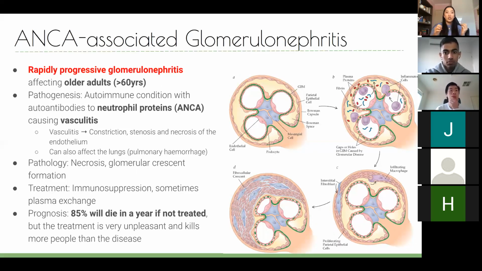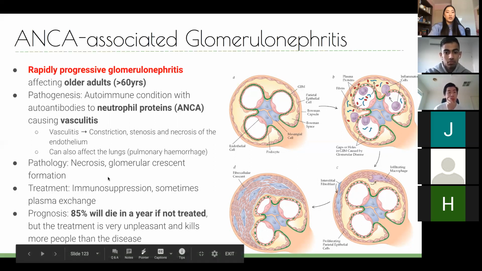And as a result of that, you get necrosis because it's like not enough blood supply, not enough oxygen, and you get ischemia. ANCA-associated glomerulonephritis can also affect the lungs, and you'll see that with anti-GBM as well. So basically these 2 are like the worst, like you just don't want those. So it rapidly causes renal failure, and it does also affect the lungs, and you get pulmonary hemorrhage.